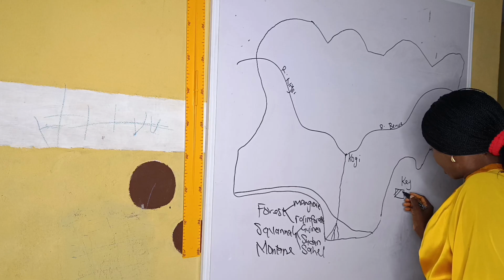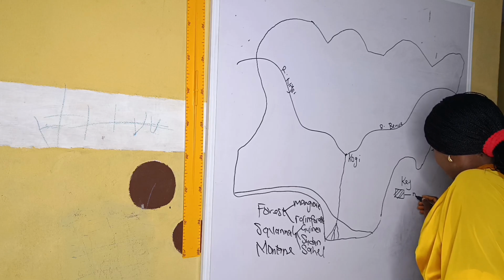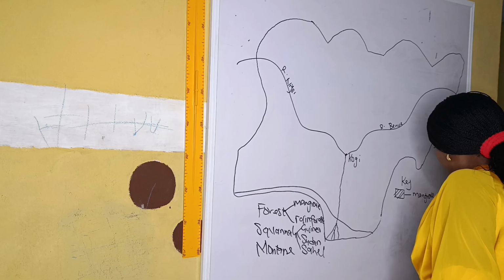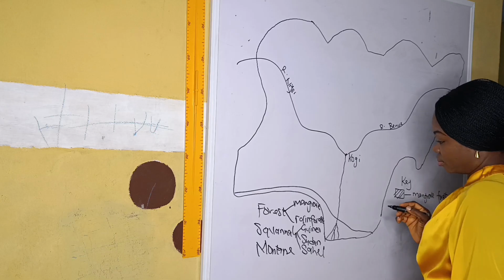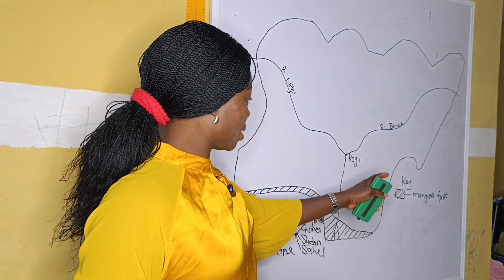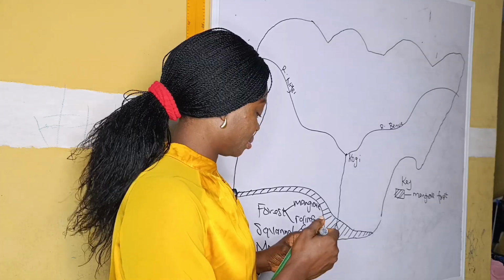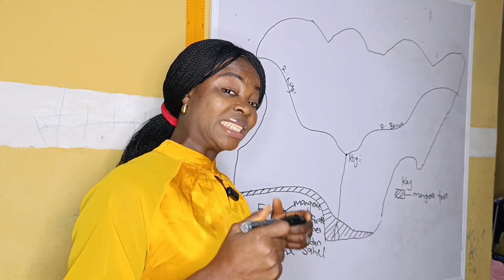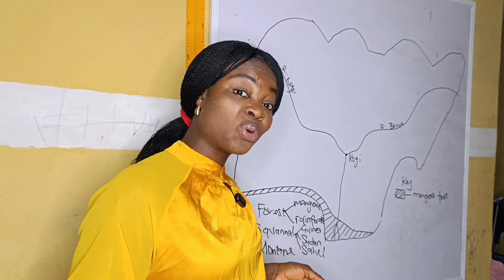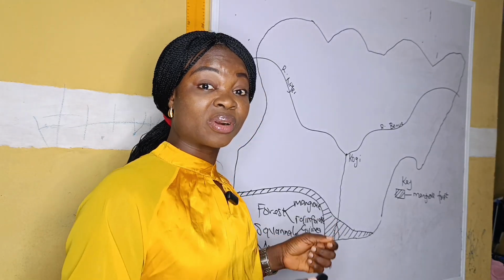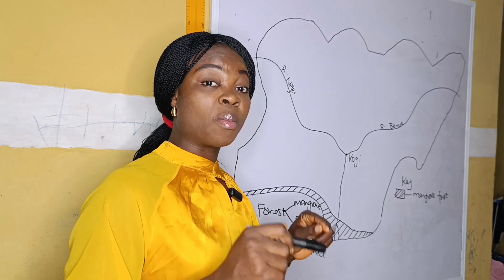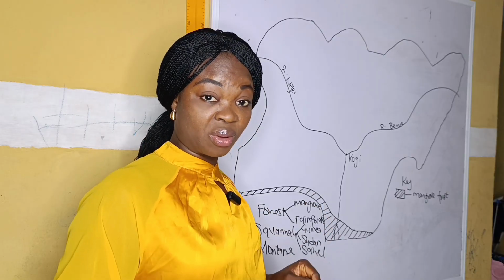Use slash for mangrove forest. Mangrove forest is found in places like Delta, Uyo, Rivers, Lagos, and even Calabar. These are the states where mangrove forests can be found.